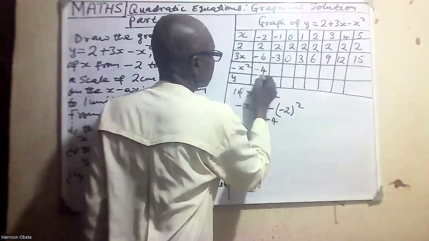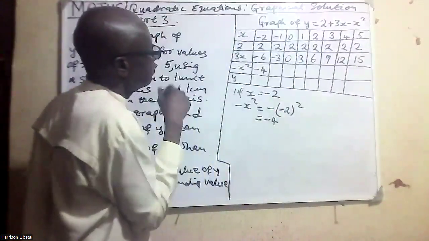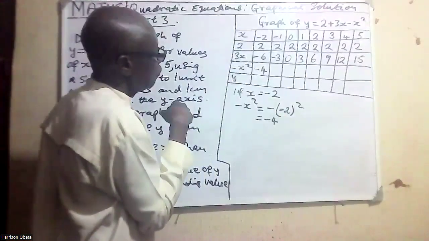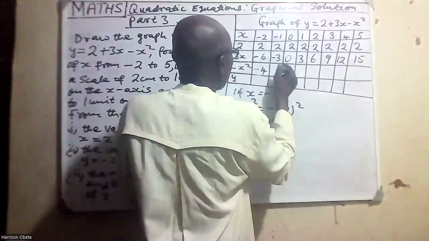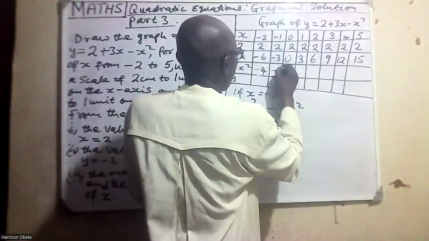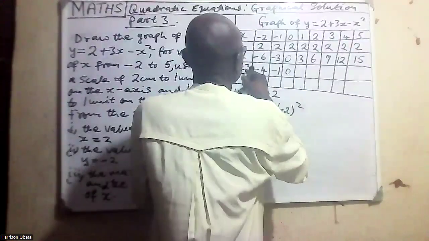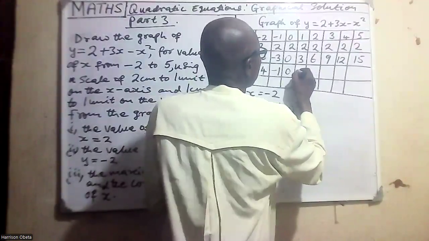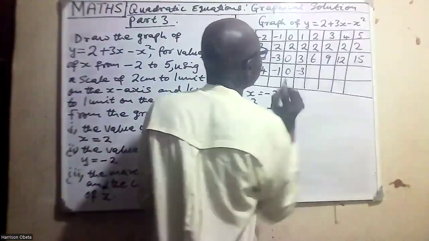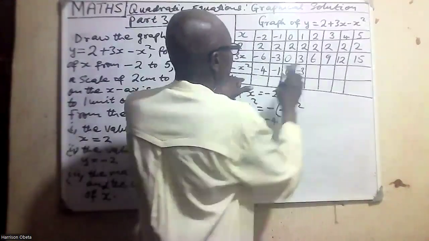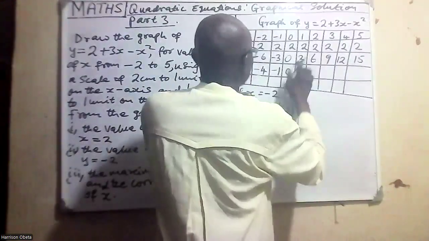Okay? Then, if we continue, this one will give us minus 1, 0, and then this will give us minus 3. Sorry, no minus 3.